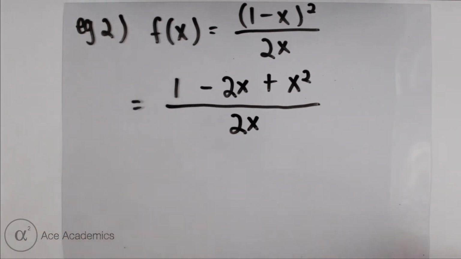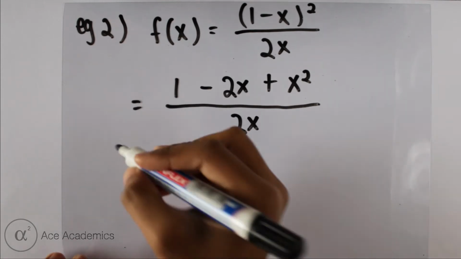Now we got rid of our brackets, but our problem is the long division line. And we can either get rid of the long division line by giving each numerator its own denominator, or by cancelling out. In this case, I'm going to give each numerator its own denominator.